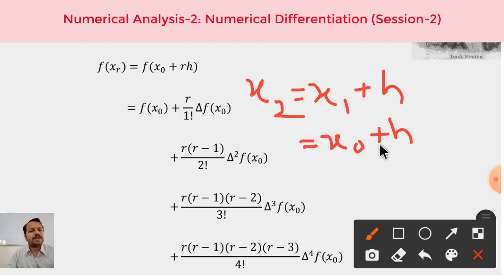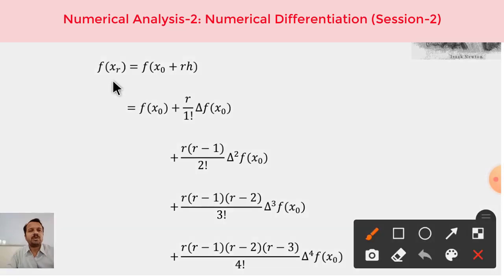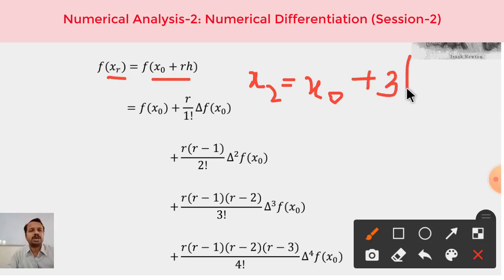Now x1 value is this much plus h, so x2 is nothing but x0 plus 2h. In the same way, we can have the value of xr as x0 plus rh, because x1 is x0 plus 1h, x2 is x0 plus 2h, x3 is x0 plus 3h, and so on.